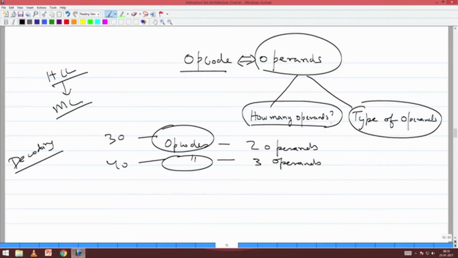If I can interpret the operands independent of the opcode, let there be any opcode, then the understanding process becomes easy.